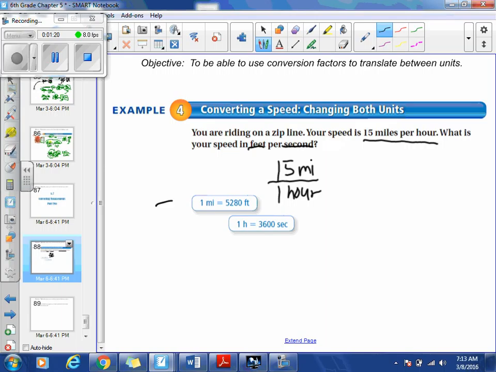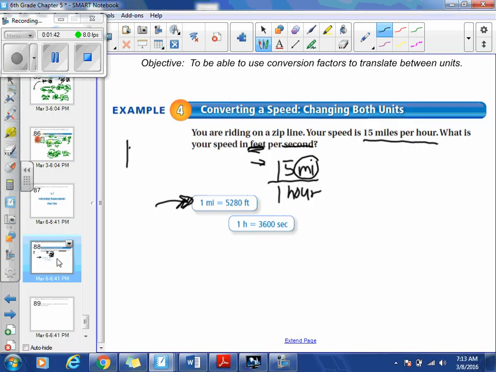Online, you'd have to probably look up that 1 mile is 5,280 feet. So we're going to start by changing our miles to feet, and then we'll deal with the hours to seconds in a little bit. You could have started by changing the hours and then dealt with the feet later. That'd be fine too. But I'm just arbitrarily picking that we're going to get miles into feet first.